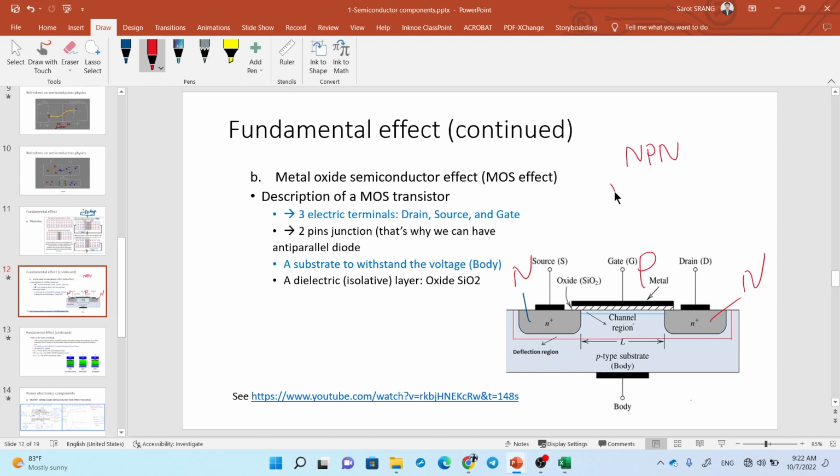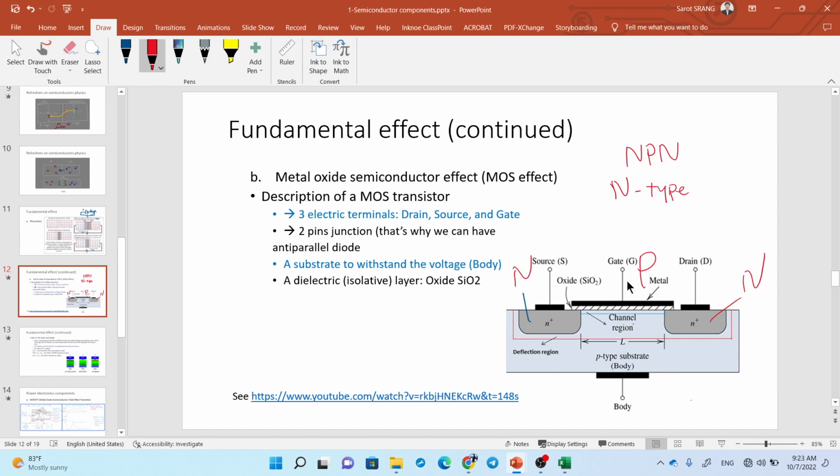And actually, for short, it's called N-type. It's a kind of monopolar. Yeah, I will explain later about this. But the function is like this.